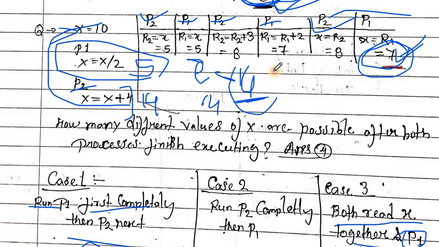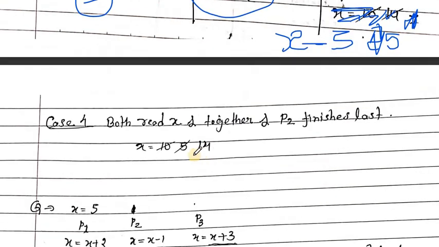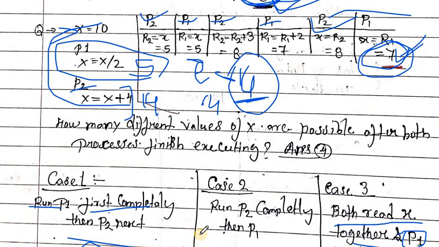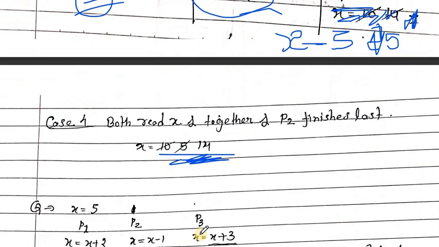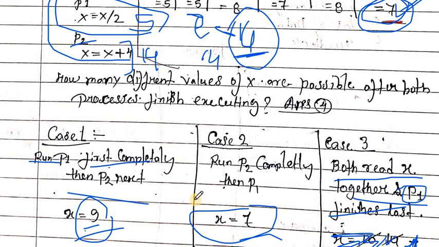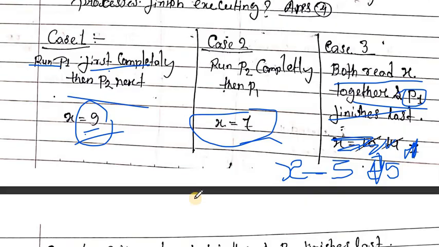So the final result will be 14. So here the values of x that come are 9, 7, 5 and 14. Here four values of x will come: 9, 7, 5 or 14, because of the race condition.